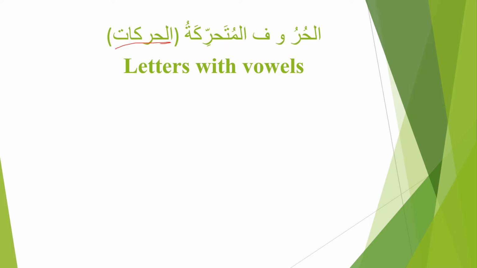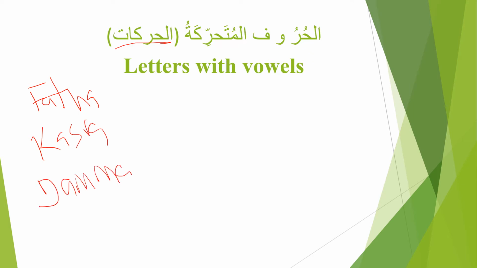Just to remind you of the vowels, the first one is fatha, kasra, dhamma. We already discussed this, so we're not going to get into details. You can check it out in the other video. But we're going to talk about letters with vowels.